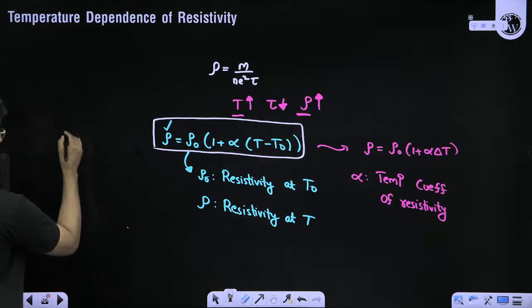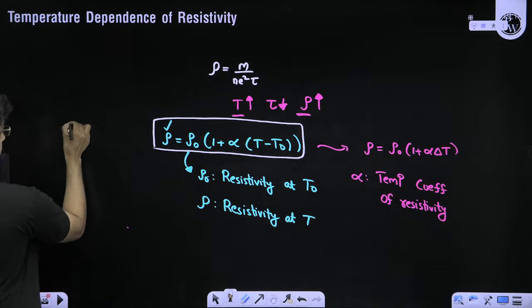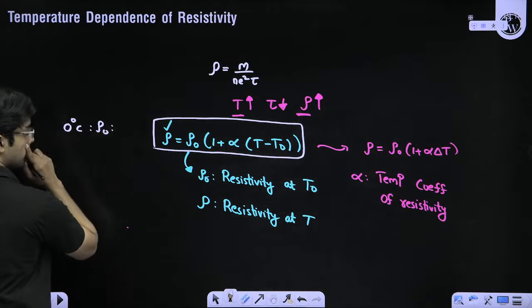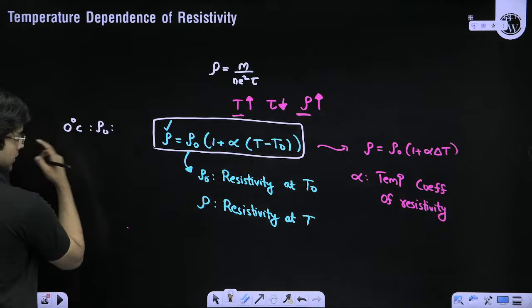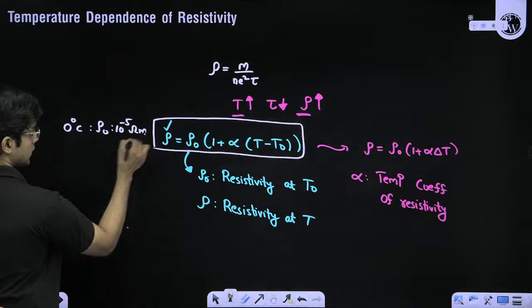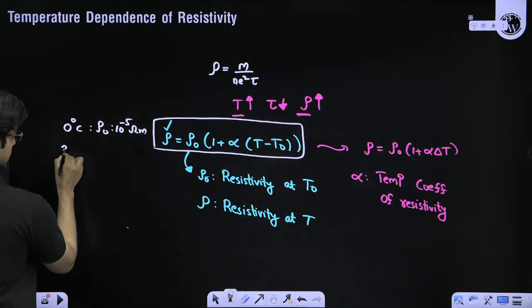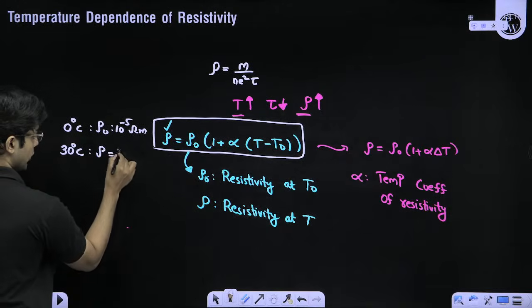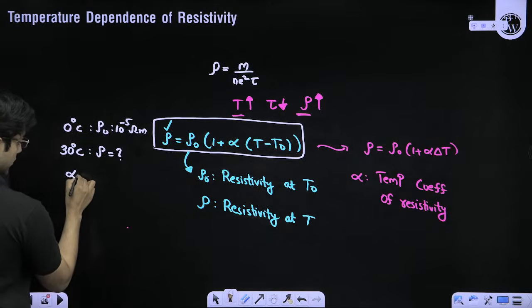A simple example can be, they will give you at 0 degrees Celsius, the resistivity was, let's say, 10 raised to minus 5 ohm meter, and they're asking the resistivity at 30 degrees Celsius, okay? And the alpha value will also be given.